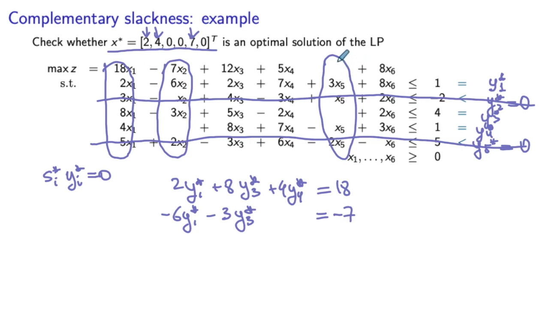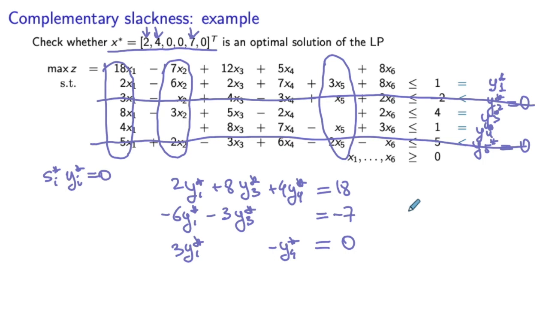And the third constraint that is binding for the dual will be the constraint corresponding to the fifth column. Okay, so in this case we have 3 y1 star, then we don't have y3 star present here because the coefficient is 0, and then minus y4 star. And this is equal to 0.